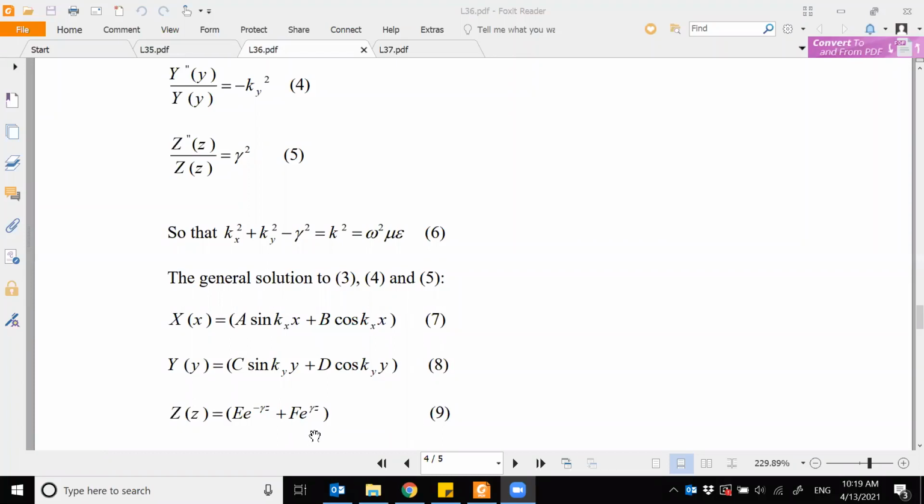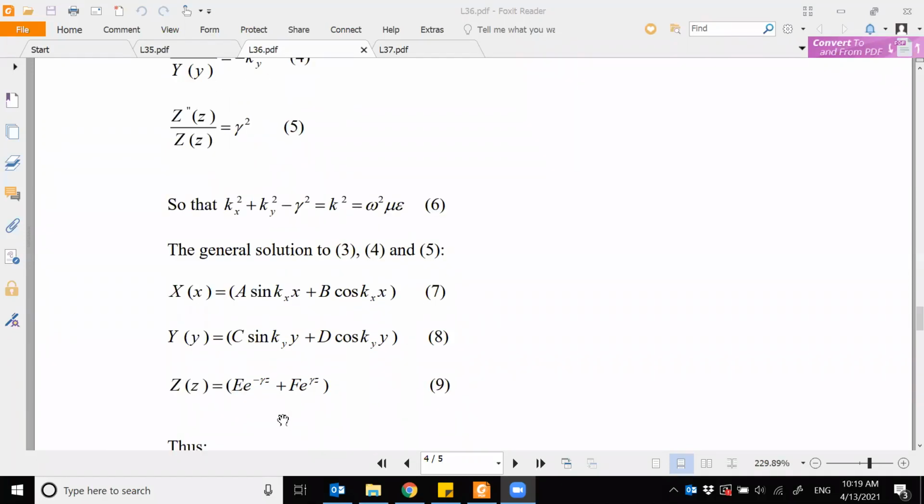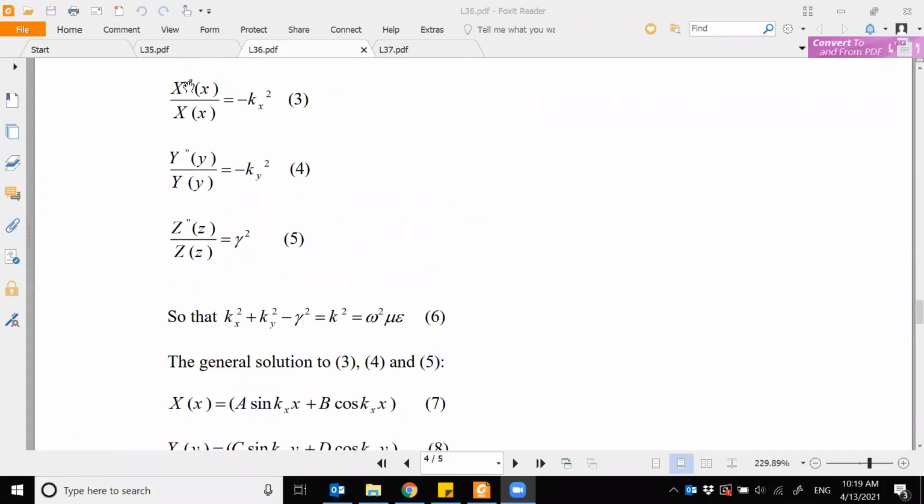And we took each solution independently, individually in our previous classes, whether it is transmission lines or EM waves. But this time we are finding the general solution, so we are taking into consideration all of them. So these are the solutions of these three equations.